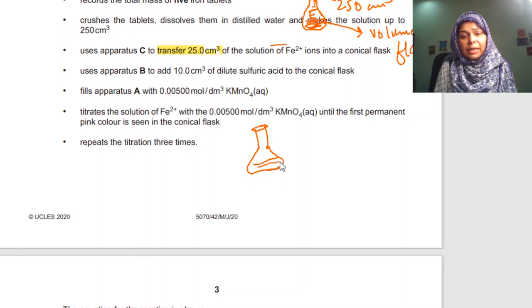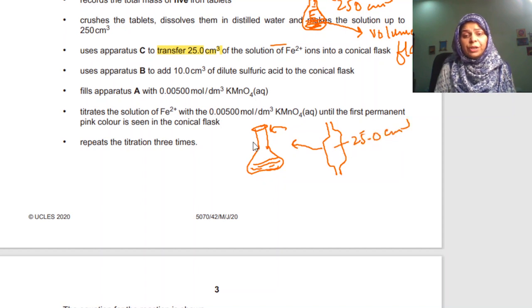Again I'm repeating, from this 250 centimeter cube solution, only 25 centimeter cube will be taken through the pipette. This is apparatus C in the picture given. 25.0 centimeter cube will be transferred into the conical flask.